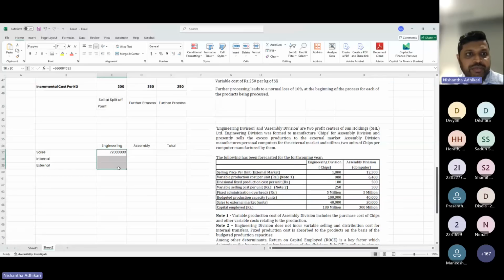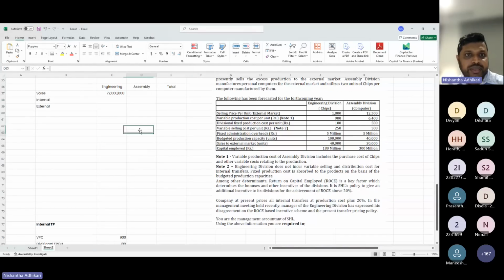This is the internal selling price. Sorry, this should be internal sales. I am not taking it to the total column because it is not sold to the external parties. Then the balance, he will sell externally, 40,000 units.